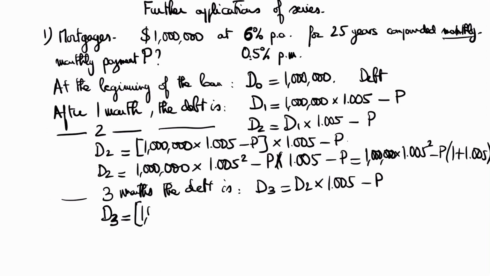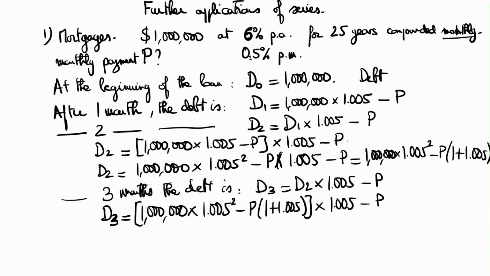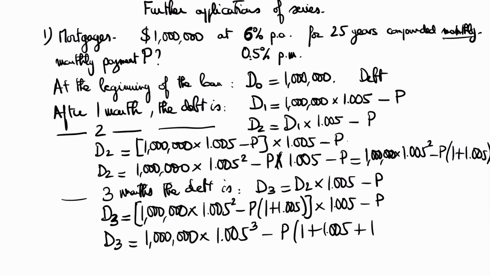So D2, 1 million times 1.005 squared minus P times (1 plus 1.005), times 1.005 minus P, which I can simplify, I'm going to go a bit faster here, as 1.005 cubed minus P times (1 plus 1.005 plus 1.005 squared).